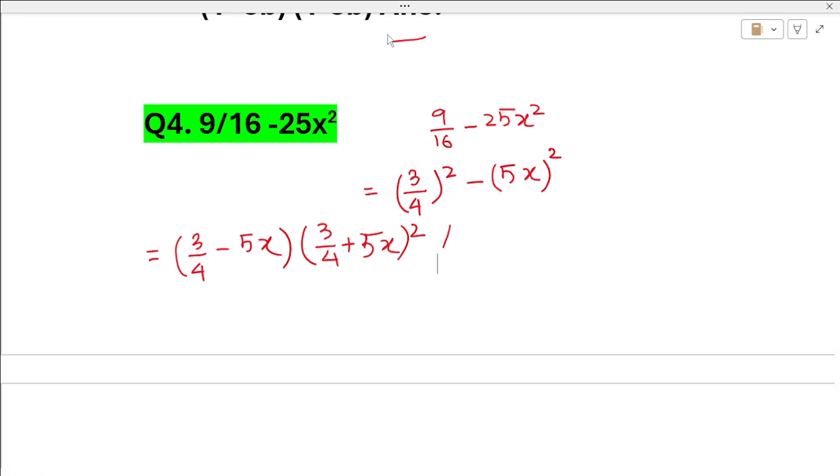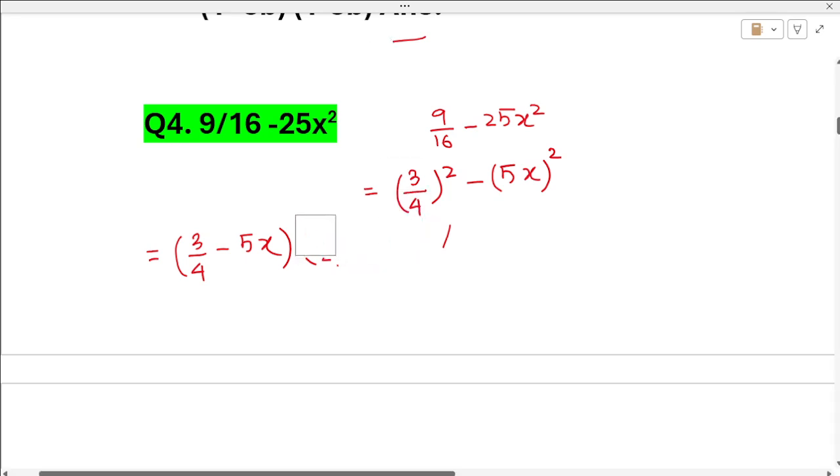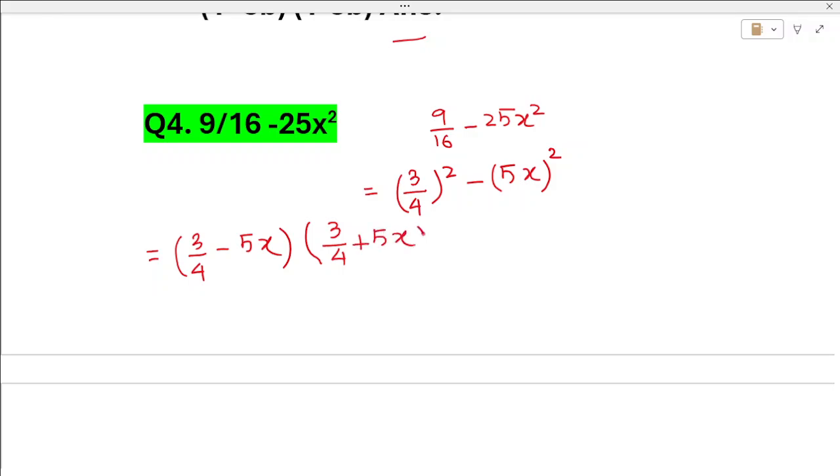It is wrongly written here. I just want to erase it and write it again. Now the other term is 3 upon 4 plus 5x. This is your answer for question number 4.